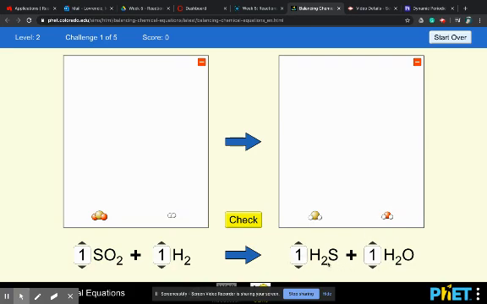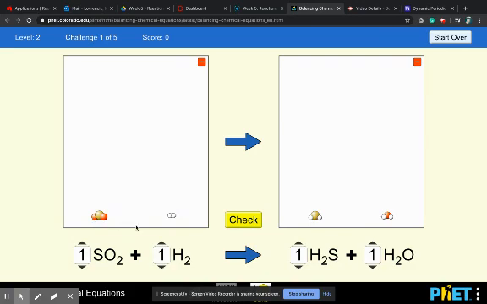And so if we're trying to balance these out, notice that right now we have the same number of sulfur atoms. We have 2 hydrogen atoms here, and 1 plus 1, or 2 plus 2, 4 hydrogen atoms on the other side. And we have 1 oxygen in red and 2 oxygens here.